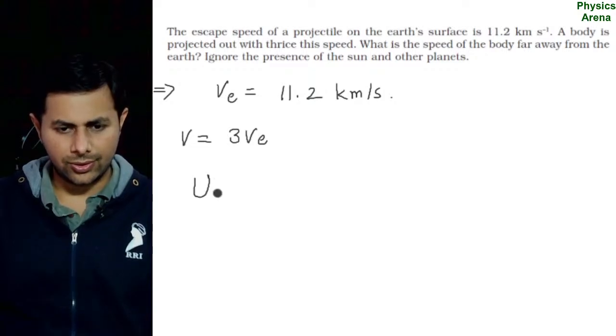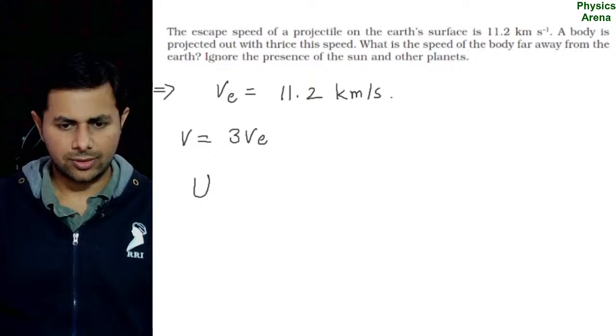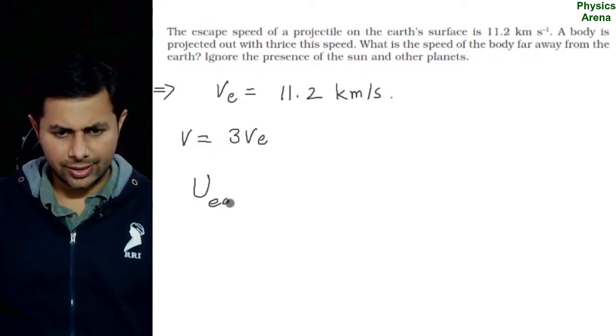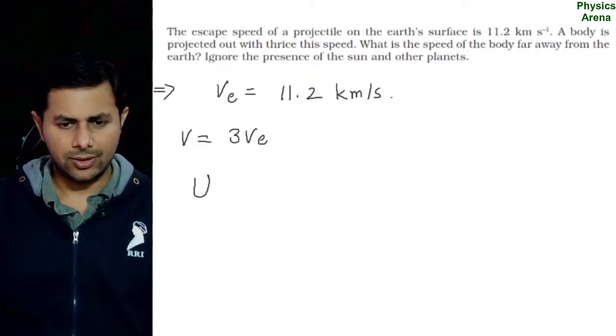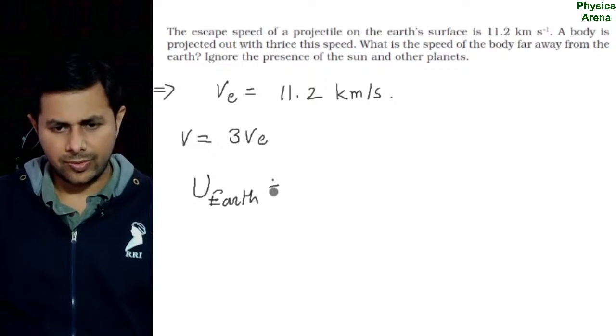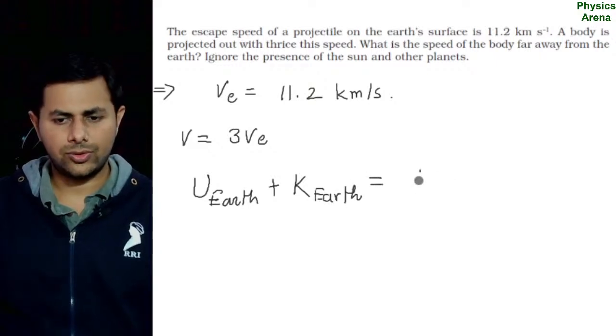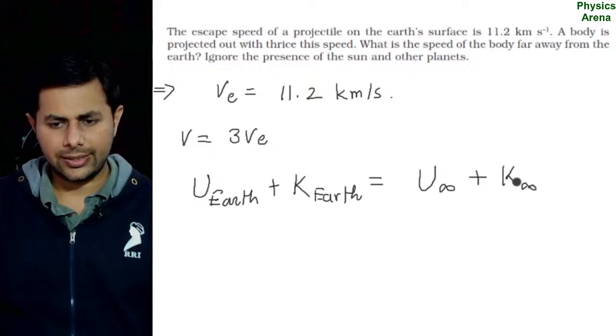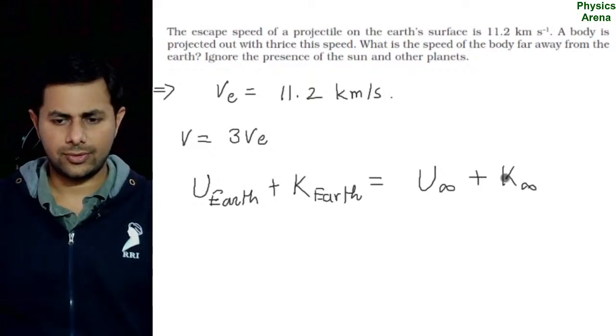So U on earth plus K at earth equals U at infinity plus K at infinity.